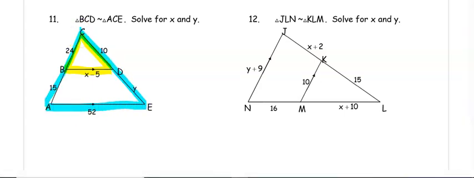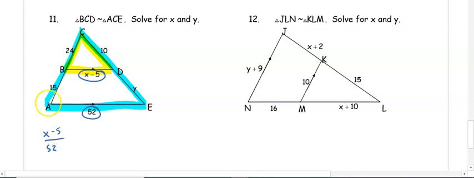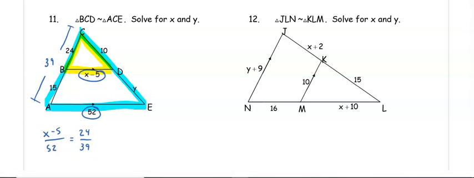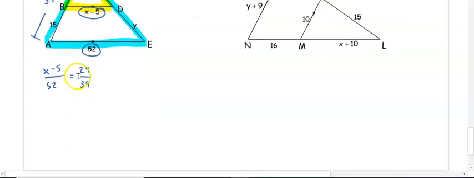So if I am solving for X, we see that X is on the base of the triangle. So we would have X minus 5 over 52. The side on the left of the triangle has numbers. In the smaller yellow triangle, the side length is 24. In the bigger triangle, we need to add the two together to get the side length of 39. And then we can cross multiply to solve for X.